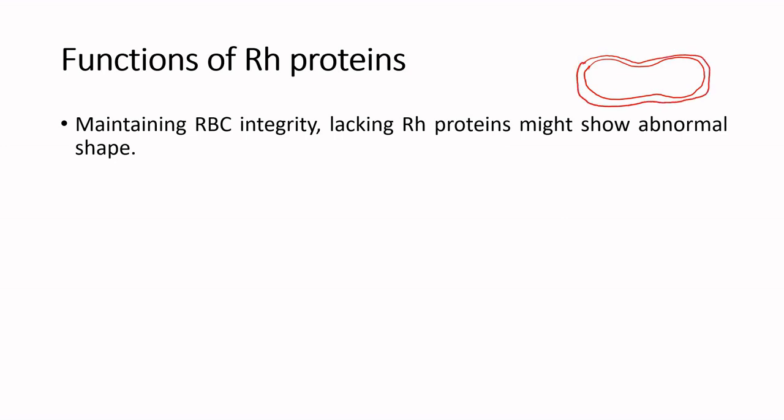Which antigens or proteins? That is RHAG, the RH associated glycoproteins. They are mainly responsible for maintaining the integrity of the RBCs. And if sometimes the cell is lacking this protein, it will show an abnormal shape of the RBC.